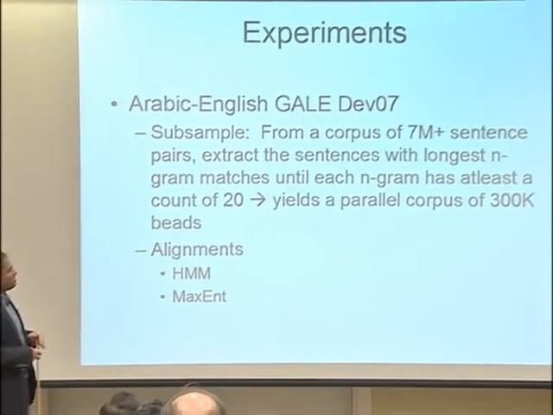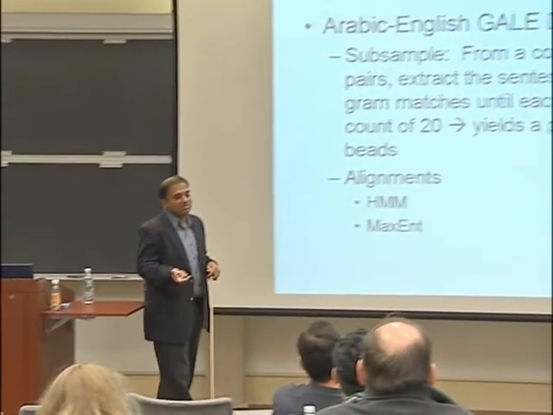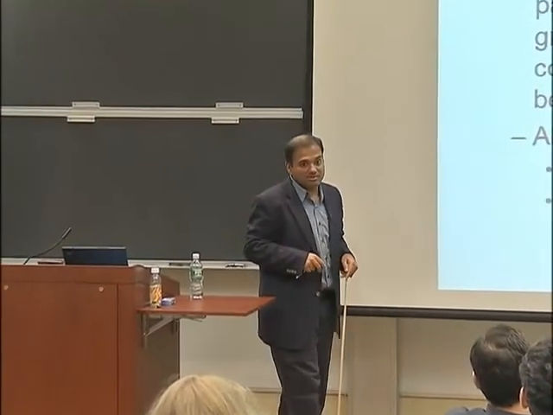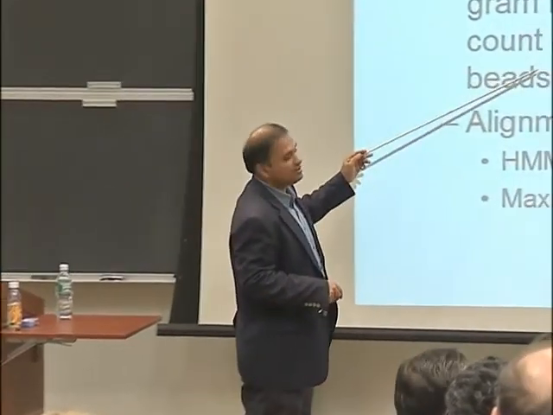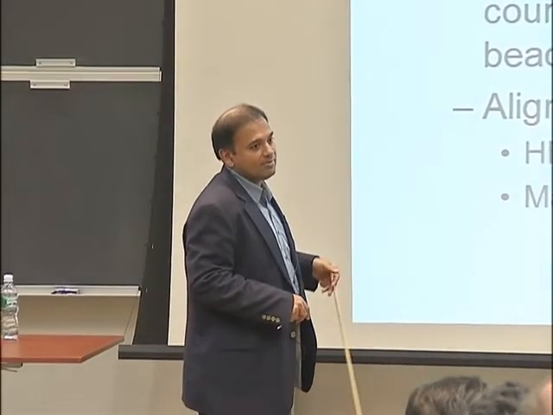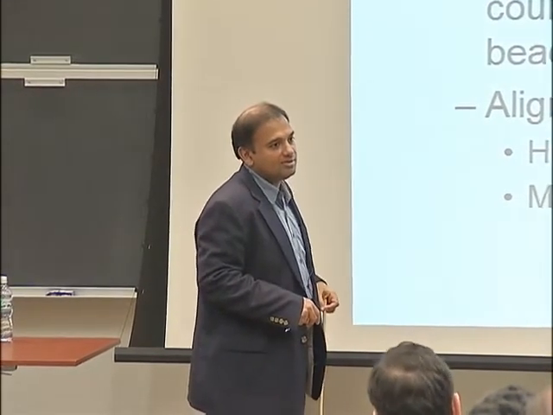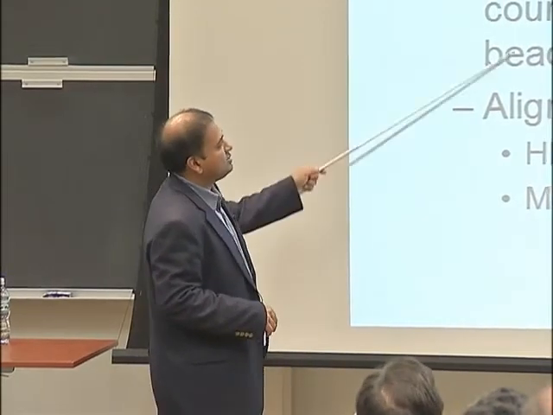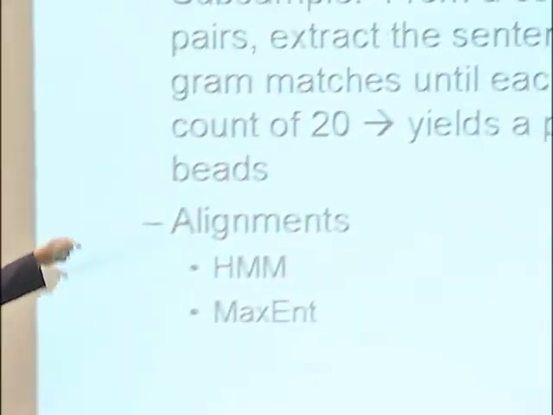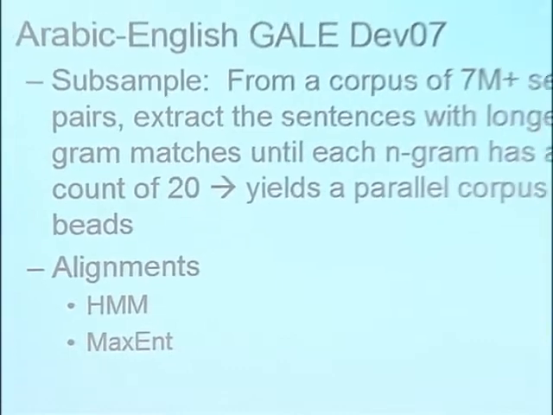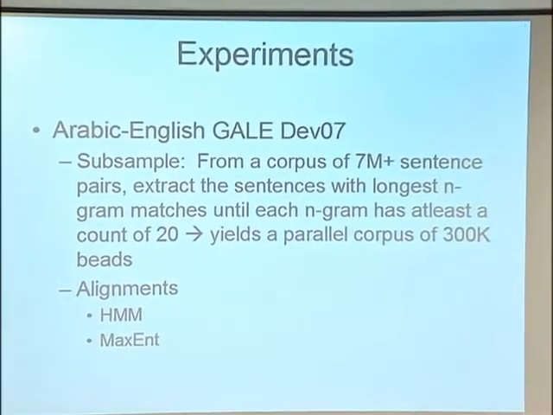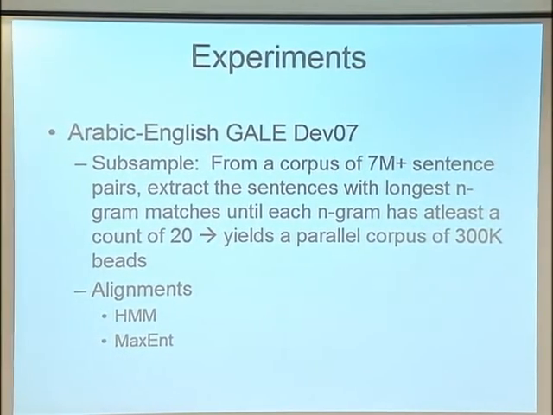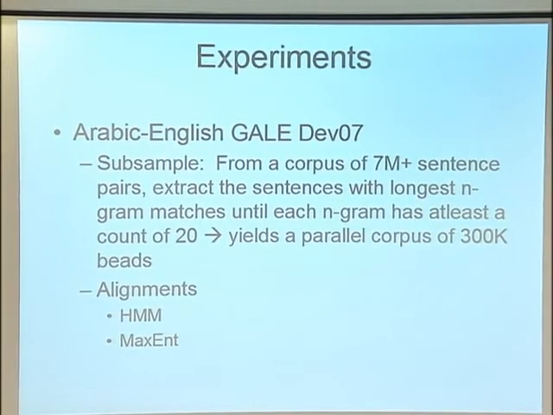For every n-gram in the test data, we'd like to have 20 examples of this n-gram, in 20 different sentences, if possible. This reduces it from 7 million sentence pairs to 300,000 sentence pairs. This seems to be important because we want to be able to compute this model and to translate today. That's the primary reason we do it.